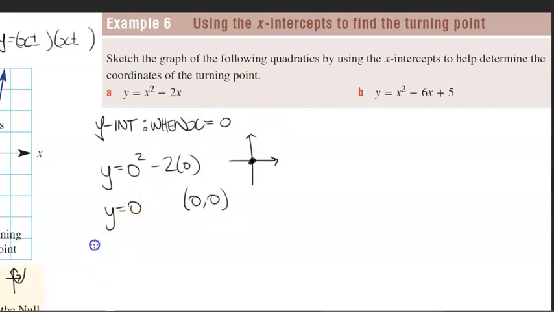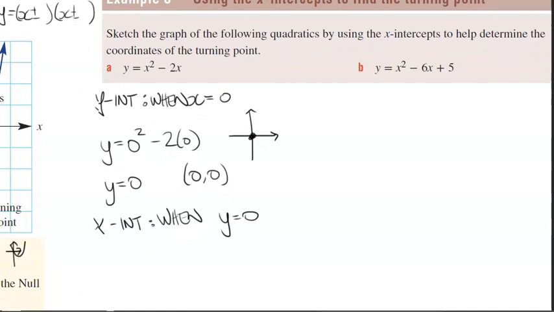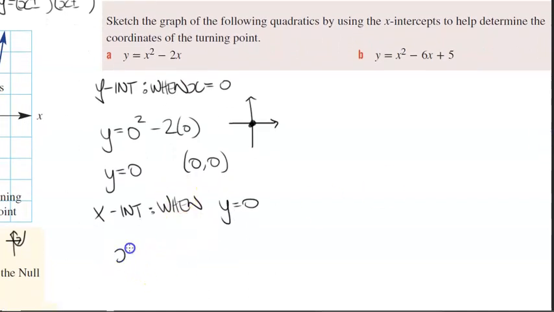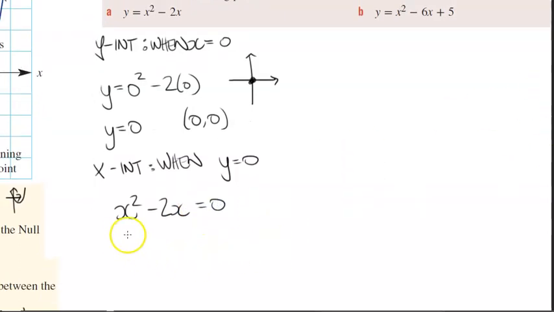Now let's look for the X-intercept. The X-intercept is going to happen when y is equal to 0. So when y is equal to 0, let's put in our x squared minus 2x is equal to 0. We can factorize this. We can take out x as a common factor, and what we'll be left with is x(x minus 2) equal to 0.